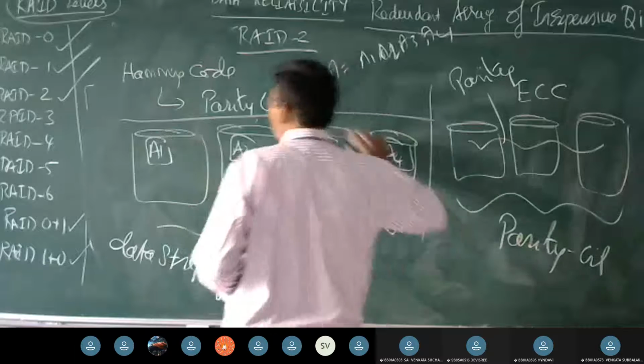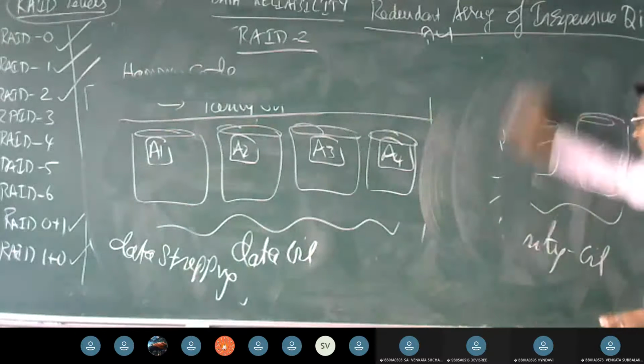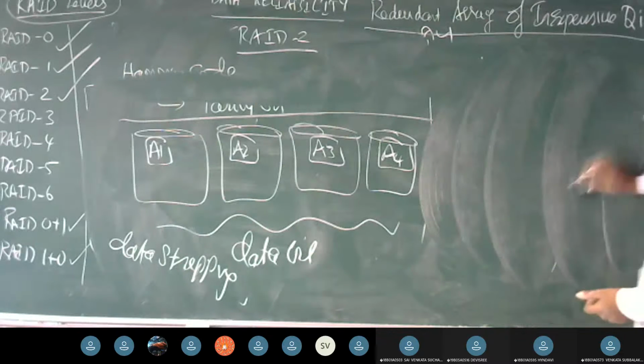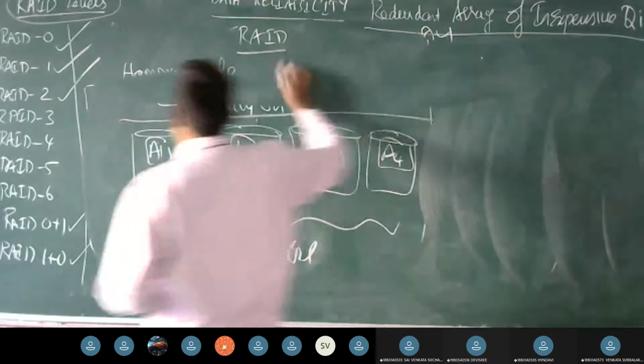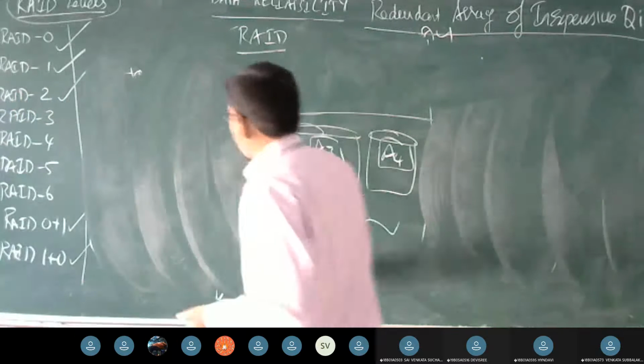After RAID 2 is done, the next one will be the RAID 3 architecture.